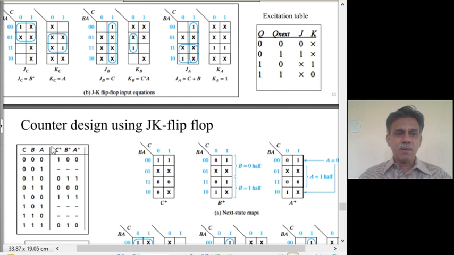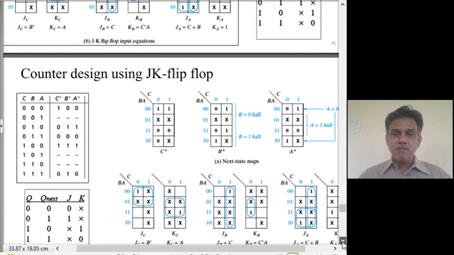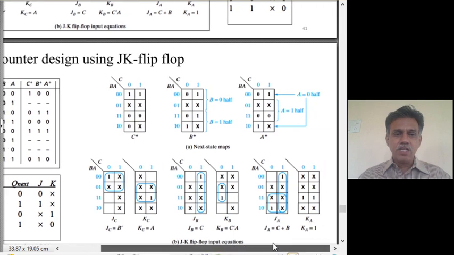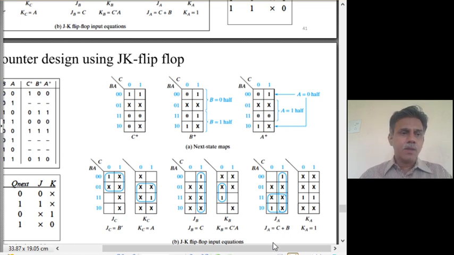From this we can always arrive at the K maps for the next state variables, A plus, B plus, C plus. From these 3 K maps, we will try to arrive at the K maps for J's and K's of A, B, C. This is the idea. So first we will see how these can be arrived at.